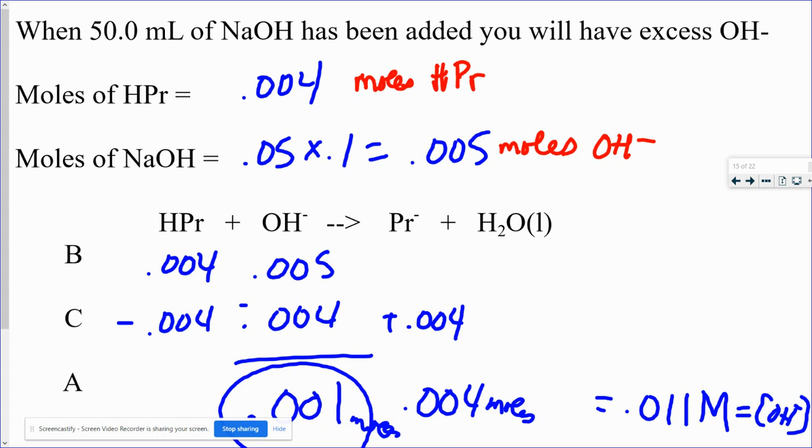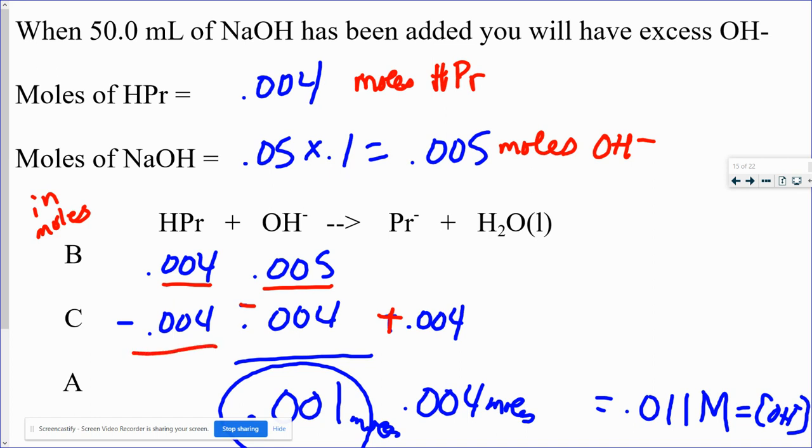They react completely. So in the stoichiometry, that has to be in moles. BCA, before we have 0.004, 0.005, they react completely, but you can only use as much acid as you have. So they're both gonna lose 0.004 moles, but then it's going to form 0.004 moles of its conjugate base.